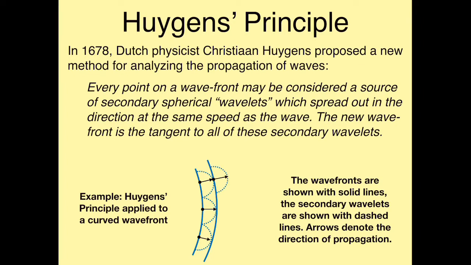Okay, we can say at this point on the wavefront, we can consider this to be a source of a spherical wave moving forward. This point, again, we can think of that as a source of a spherical wave moving forward, and this point as well. And then the tangent to all of these wavefronts is the next wavefront.